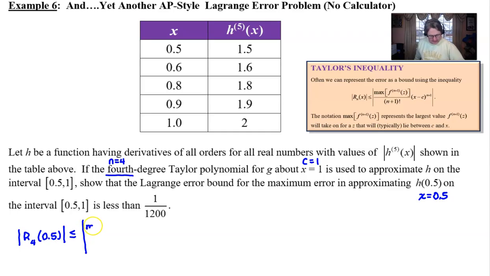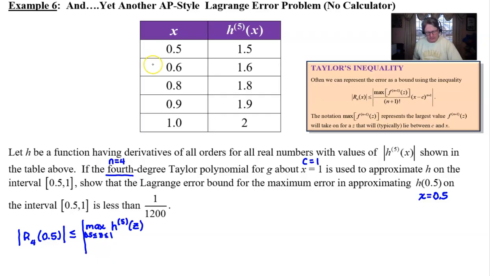This one features the maximum of, instead of the n plus 1 derivative of f, the n plus 1, or fifth, derivative of h, evaluated at that elusive z. Sometimes I show my students that that z is just going to fall between the 0.5 and the 1, between your x and your c, but more often than not, we don't even use that z.